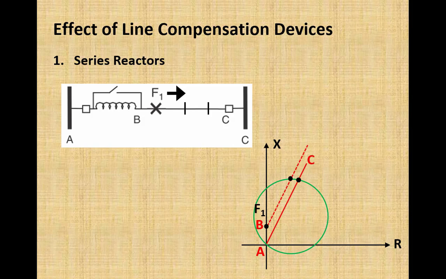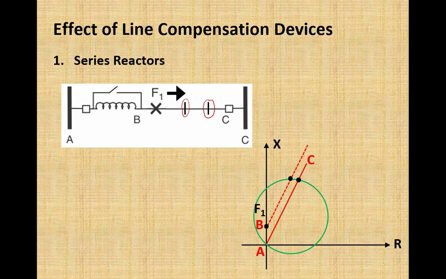So what we have seen here is that in the absence of this series reactor, the relay was providing protection up to this point, and due to the presence of this series reactor, the reach of the relay has been reduced to this point on the line.